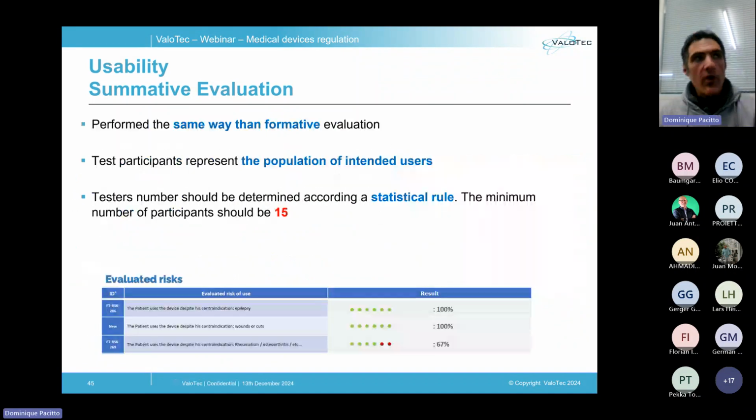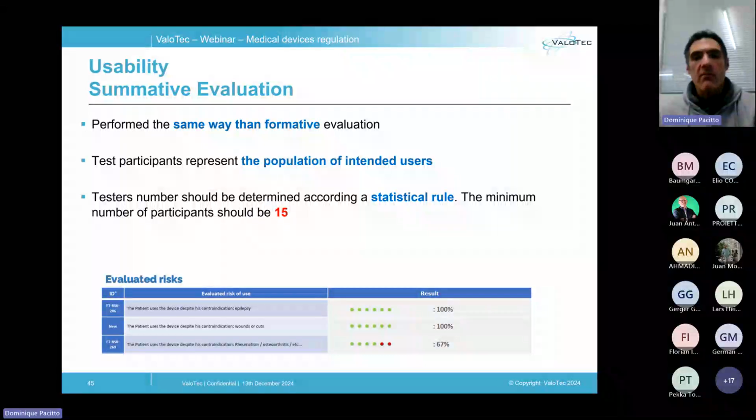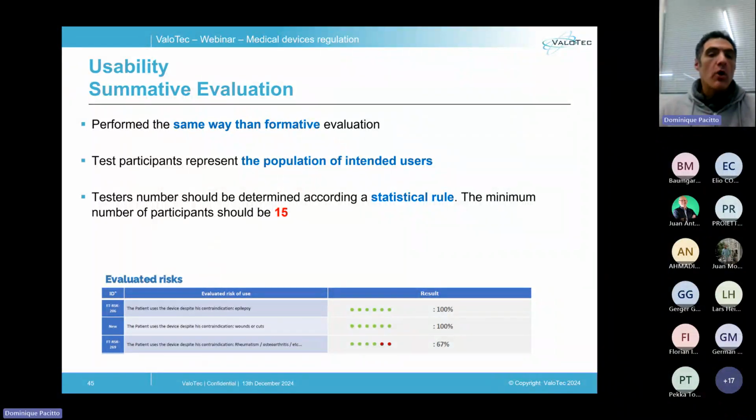So let's have a word on how the summative evaluation is designed. The test is performed roughly in the same way as the formative evaluation, with quite the same documents. The number of participants depends on the occurrence of your risk, the one used for the evaluation in your risk analysis.